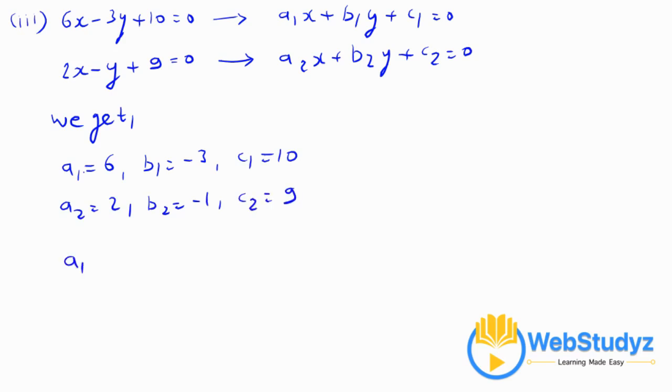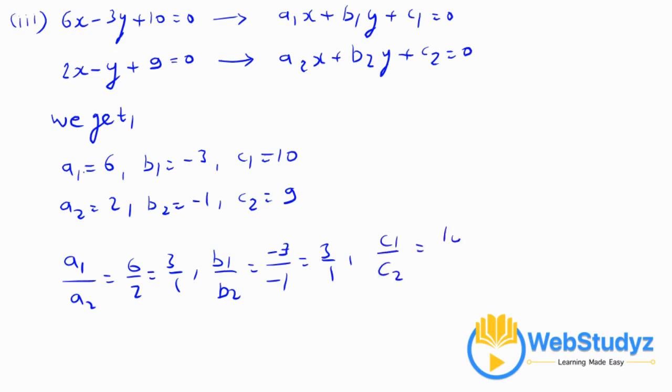Now, a1 by a2 is 6 by 2, which is 3 by 1. b1 by b2 is minus 3 by minus 1, which equals 3 by 1. And c1 by c2 equals 10 by 9.